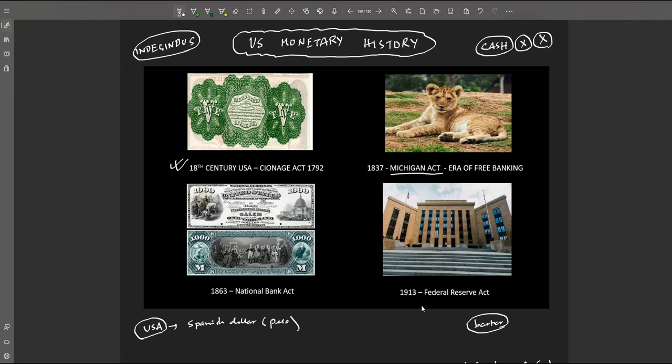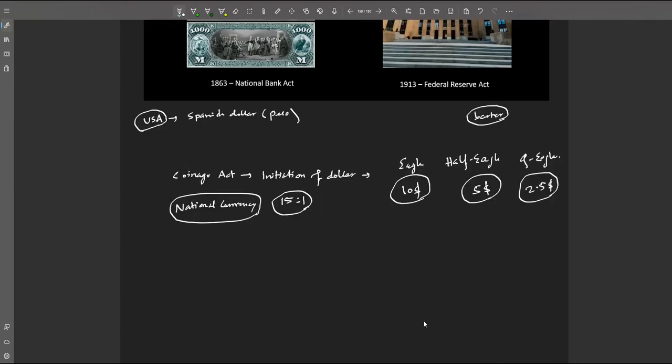And this Michigan Act basically created an avenue for people to create banks on much easier terms. Easier creation of banks. Now this meant that in United States, multiple small free banks started to crop up. Free banks.